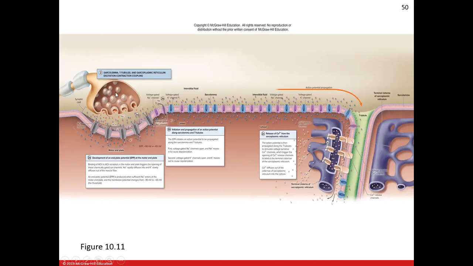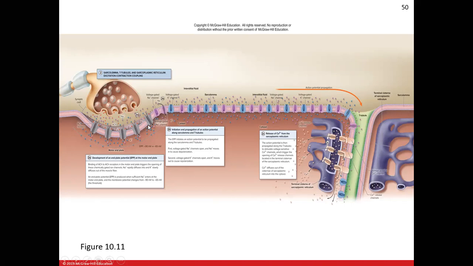The flood of calcium forces the synaptic vesicles to move towards the end of the axon terminal, and it forces the vesicles to release their contents by exocytosis into the synaptic cleft. The contents, which include acetylcholine, cross the synaptic cleft then and bind to the receptors on the motor end plate.